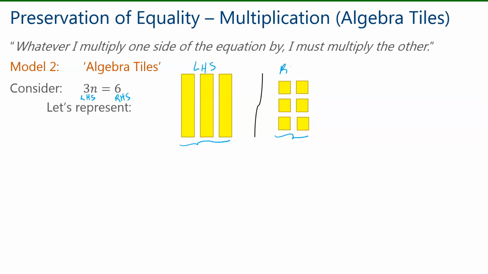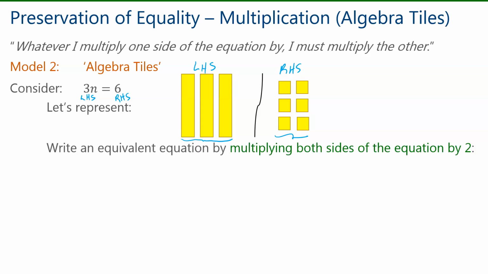Left-hand side, right-hand side. What will we multiply by this time? Here we're going to write an equivalent equation by multiplying both sides of the equation by 2. In other words, we're doubling everything up. So if I have 3 n's and I double them up, I should get 6 n's.